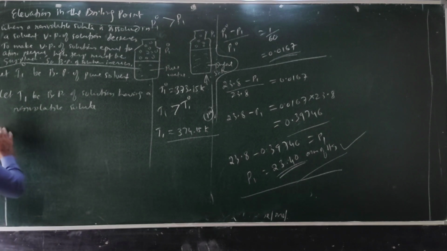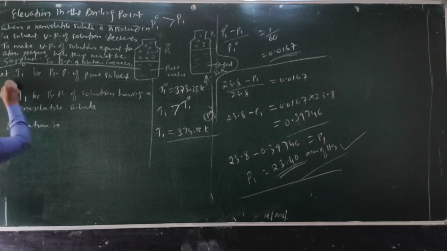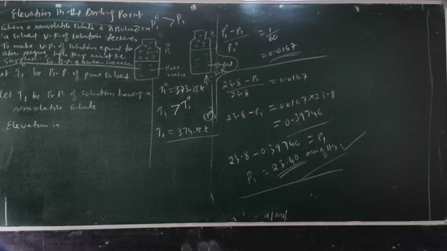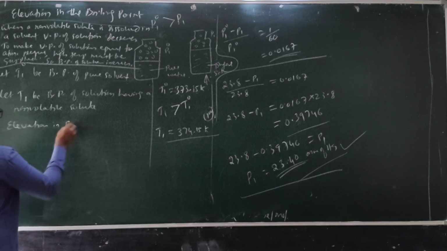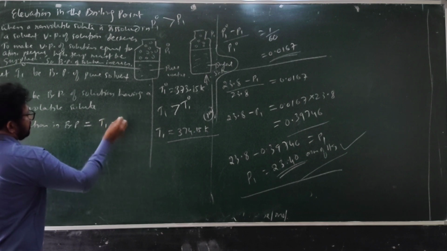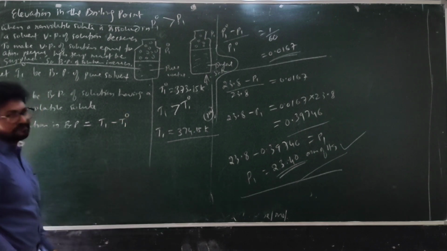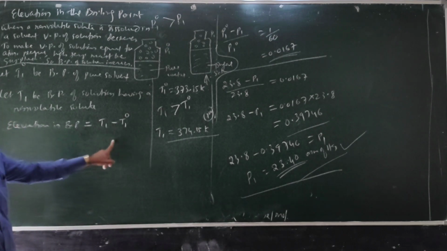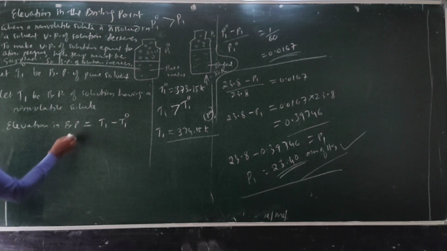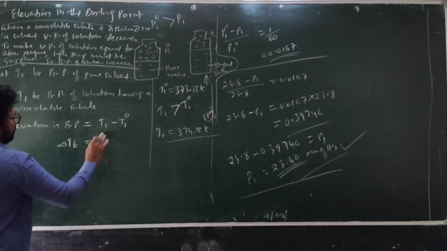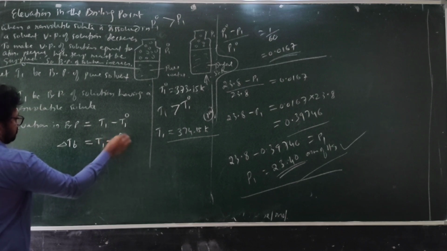So, what is elevation in boiling point? How much is it elevated? Let T1 naught be the boiling point of the solvent and T1 be the boiling point of the solution. The elevation in boiling point is T1 minus T1 naught. T1 is the boiling point of the solution, and T1 naught is that of the solvent. So this can be written with the symbol delta Tb equal to T1 minus T1 naught.